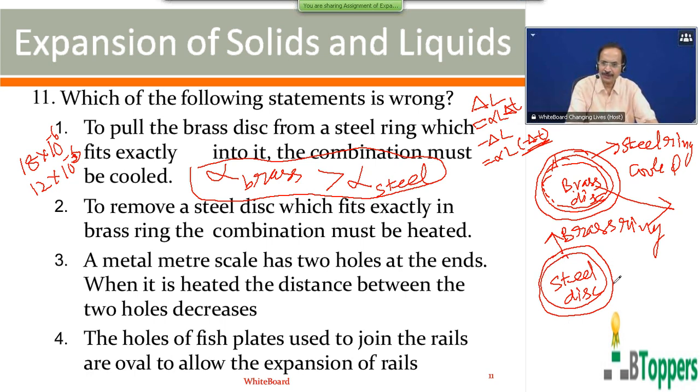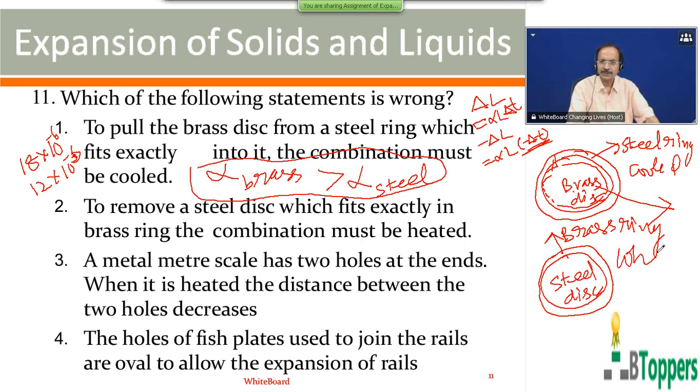That means the decrease in length or perimeter of the brass ring will be more than the decrease in the perimeter of the steel disc. So the brass ring will fit more tightly on the steel disc when allowed to cool. Therefore, you cannot pull out the steel disc from the brass ring by cooling the system.